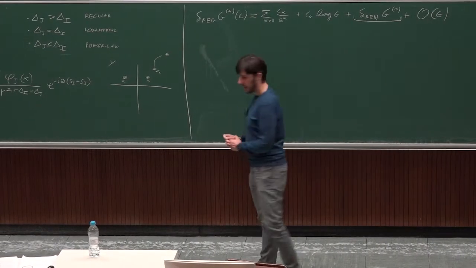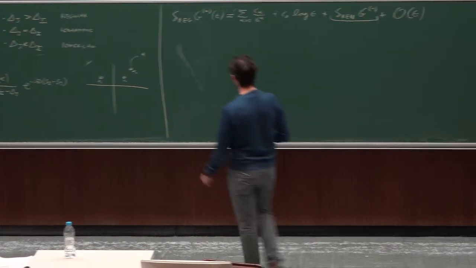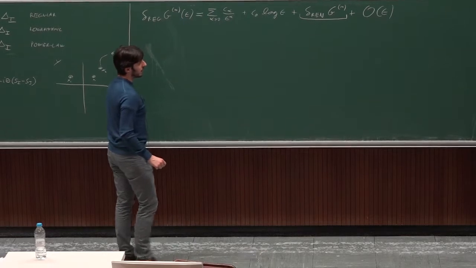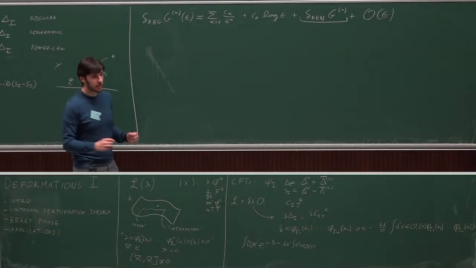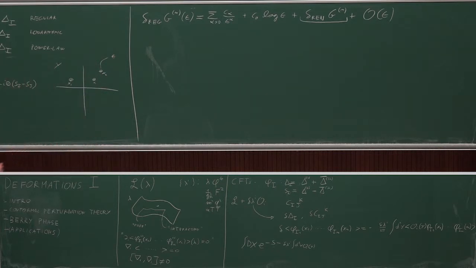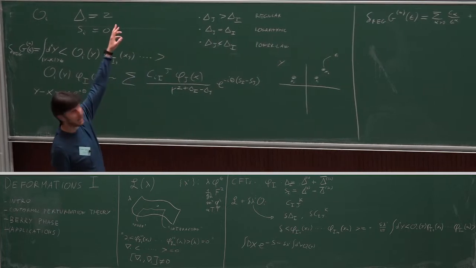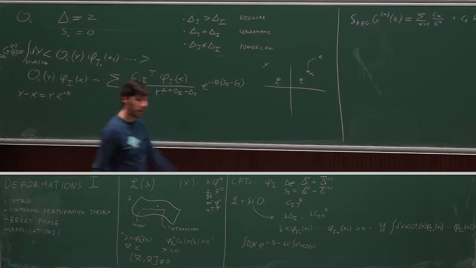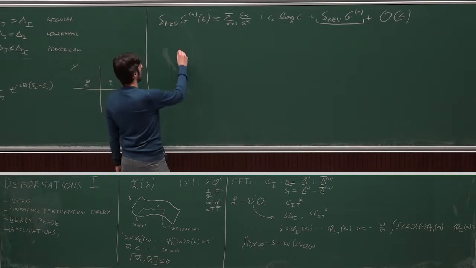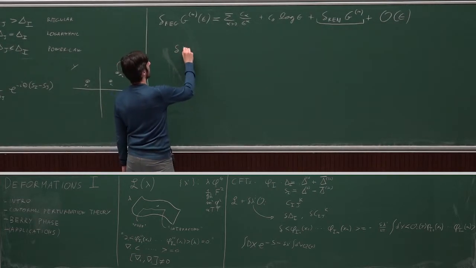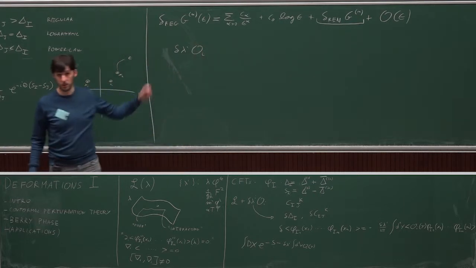All right, so I gave you this prescription for my renormalized correlator. Now let me explore a little bit what it means. We want to see if we can understand the meaning of this operation in that geometric language. First of all, let me look at the marginal operators themselves. I defined my deformation in terms of these operators.